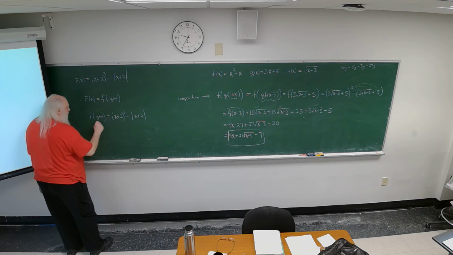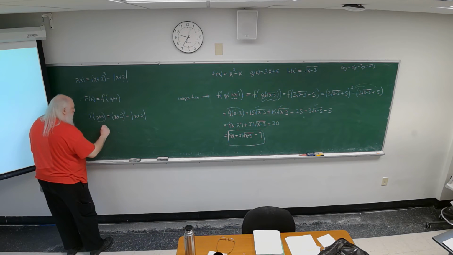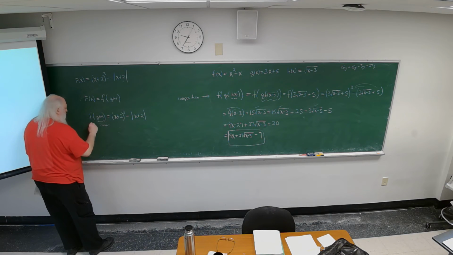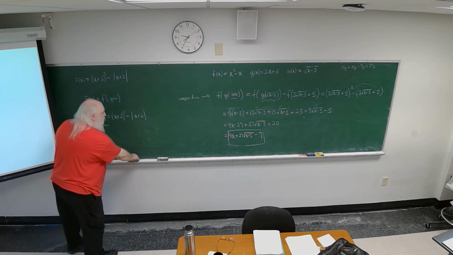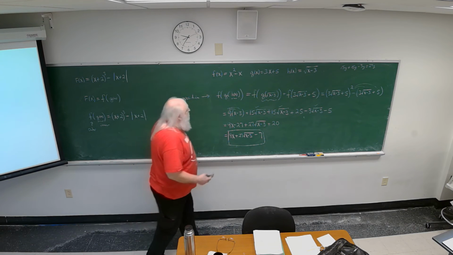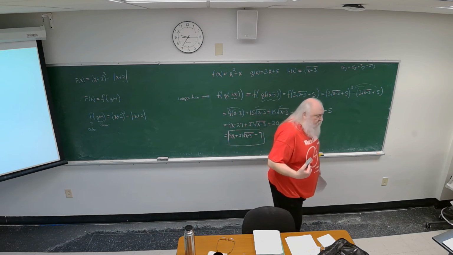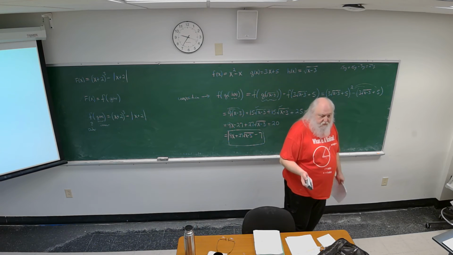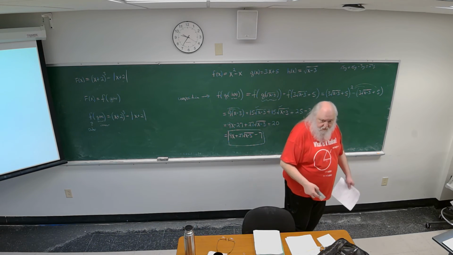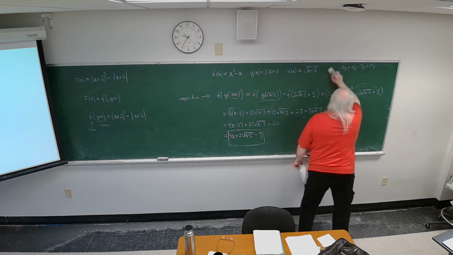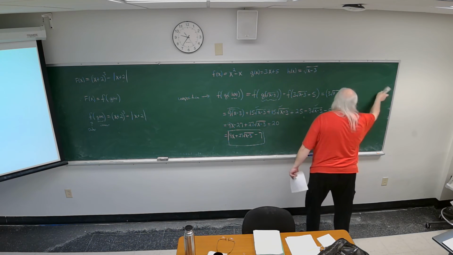Now remember, g of x is the inner function, little f is the outer function. Students often want me to give them a formula for how to decompose one function into two functions, but there is no formula. You either see it or you don't.